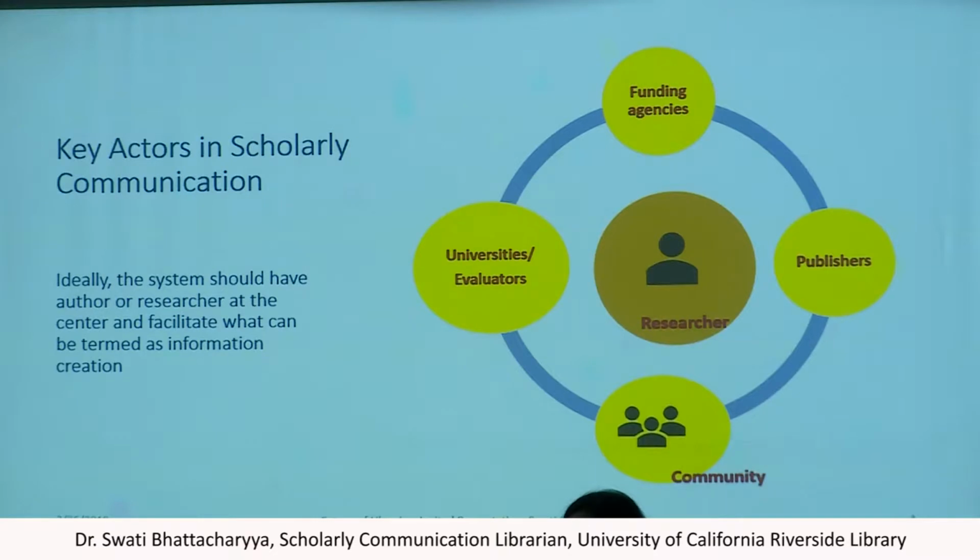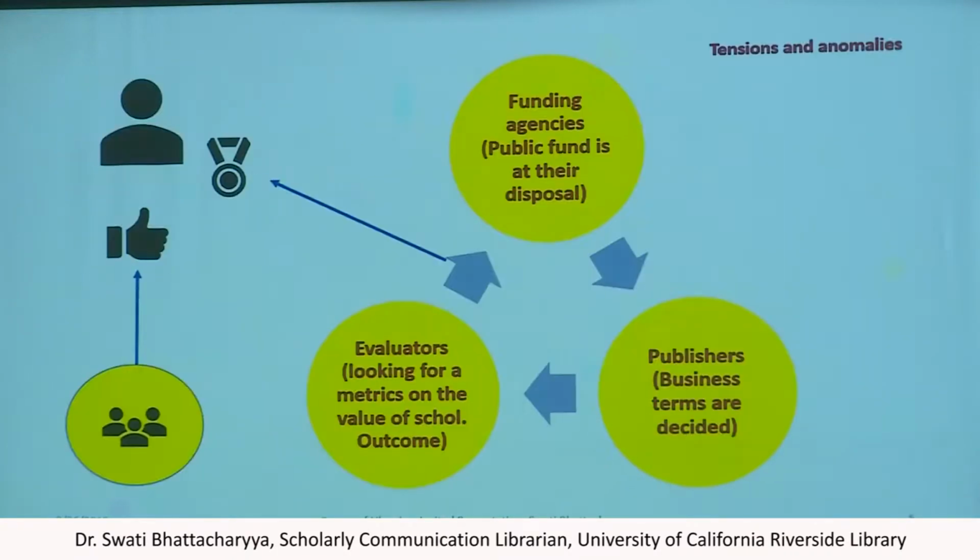They can be universities, they can be funding agencies who reward the researcher with more funds, tenure, etc. Then there is the community. That is another point we will talk about a little later, but so far probably we think community is another researcher who reads the paper. And there are publishers. So this is the ideal structure, but there are certain tensions and anomalies.